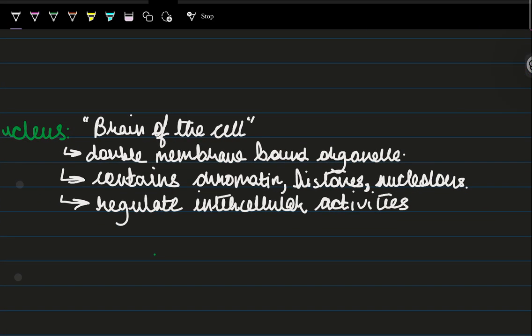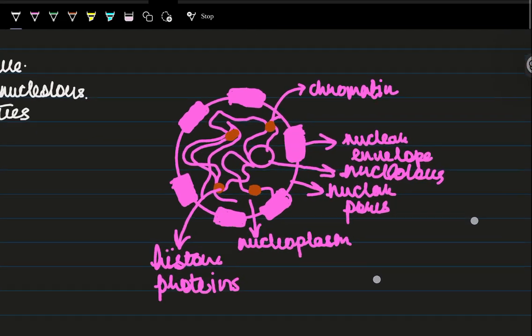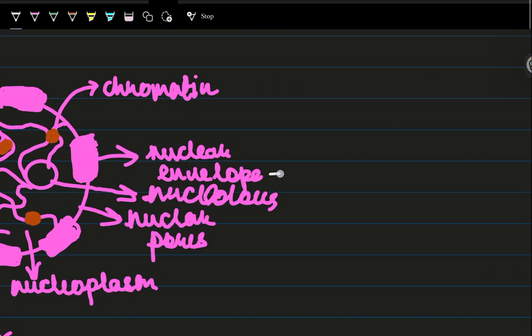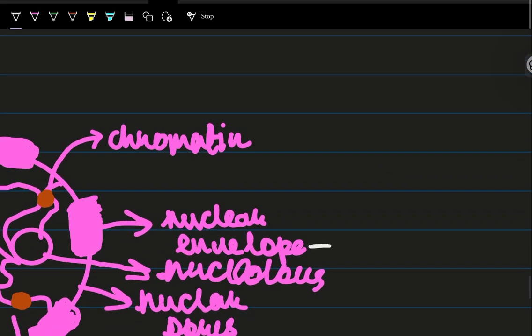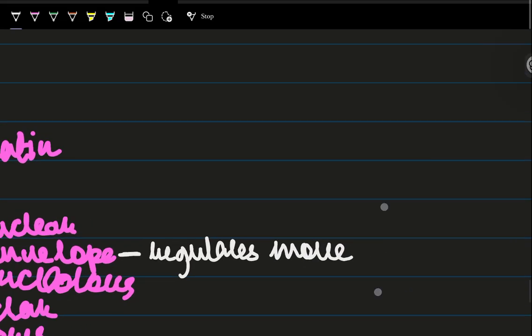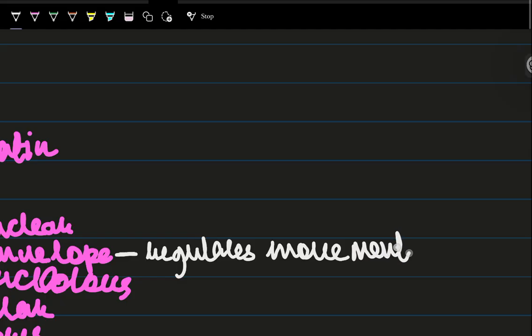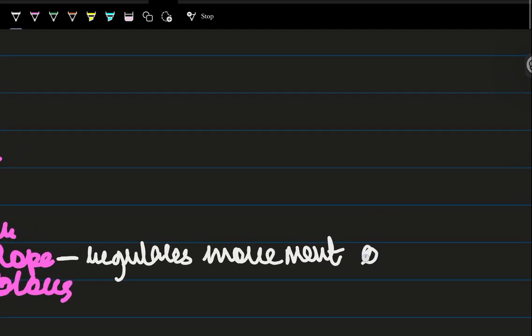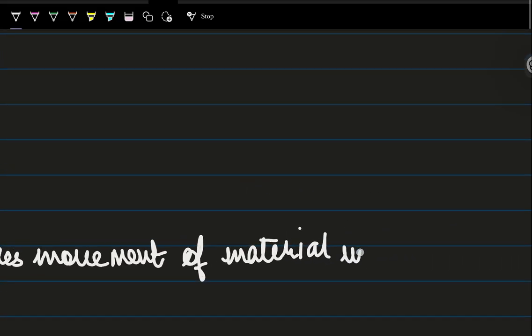Now let's talk about the nuclear envelope right here. Nuclear envelope regulates what comes in the nucleus. Regulates movement of material in and out of the nucleus.